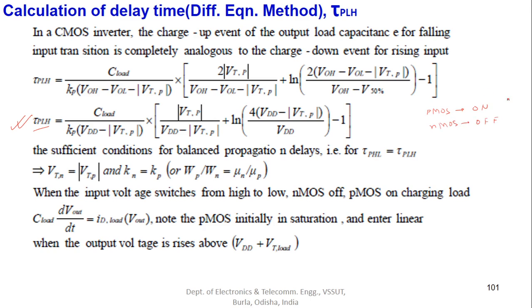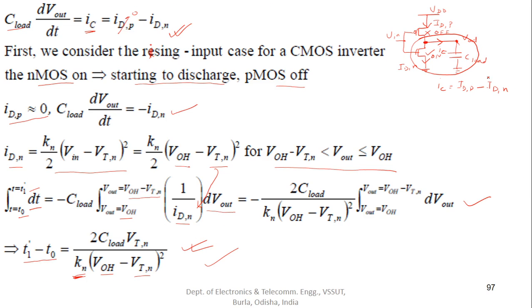The output charges when it is connected to the power supply, which happens when the PMOS is on. When the PMOS is on, C load will get charged to VDD via this path.